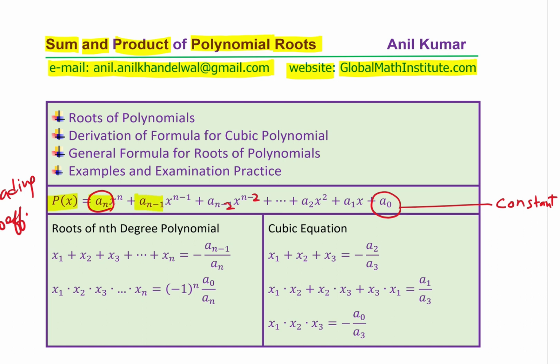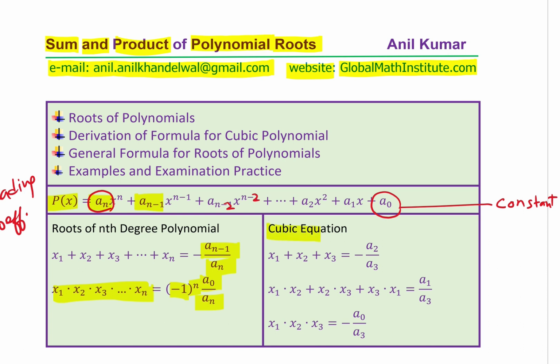The leading coefficient goes to the denominator, and the one adjacent to it with 1 degree lower, a_(n-1), is in the numerator. The product of the roots for an nth degree polynomial, which will have n roots, is minus 1 to the power of n times the constant over the leading coefficient, right? So that's an easy way of remembering.